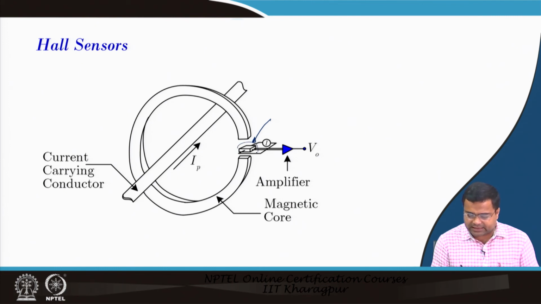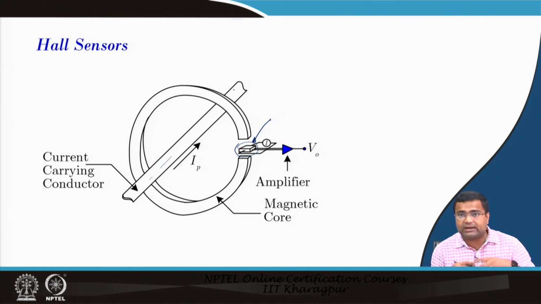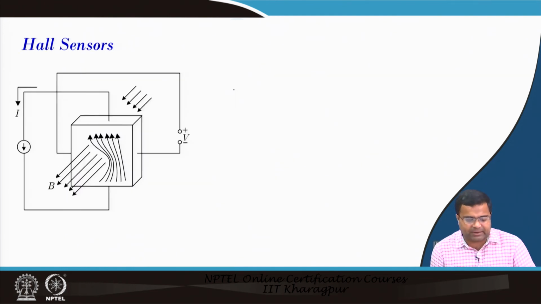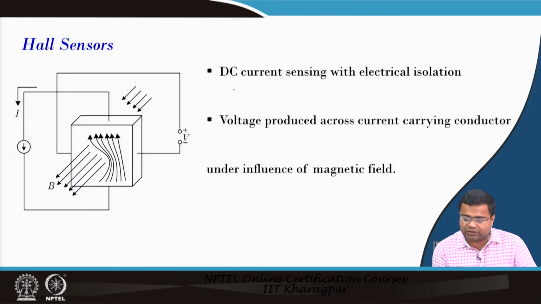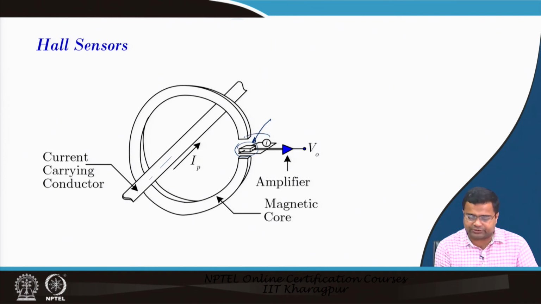If you keep this sensor close to the magnetic field, because the current flowing through this path creates a magnetic field, this magnetic field will influence the voltage produced across the sensor. That means if the magnetic field changes, the voltage will change, and that will capture the current flowing through this conductor.